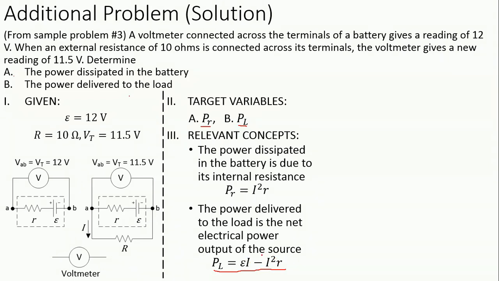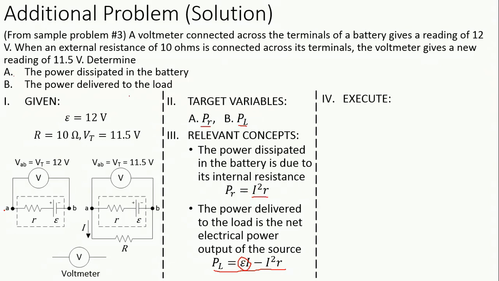This term, epsilon times I, in a battery represents the rate at which chemical energy is converted to electrical energy. Part of it will be delivered to the load, and the other part will be dissipated in the internal resistance.